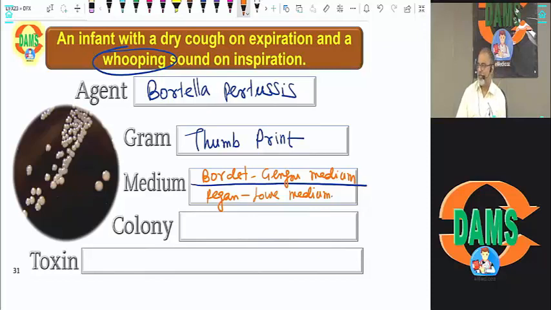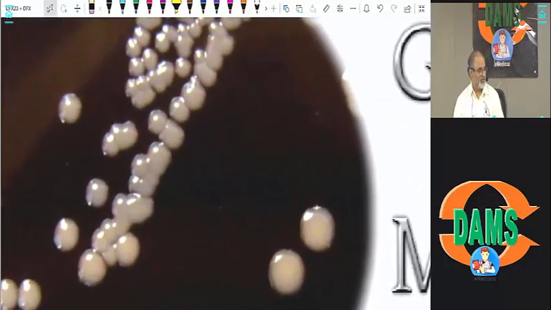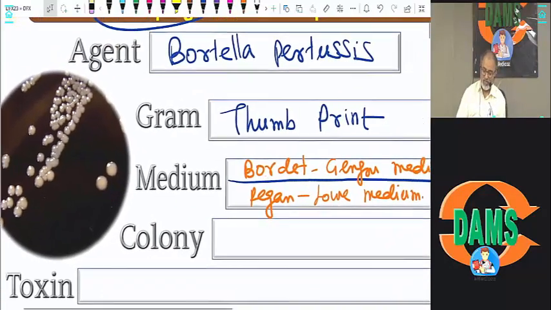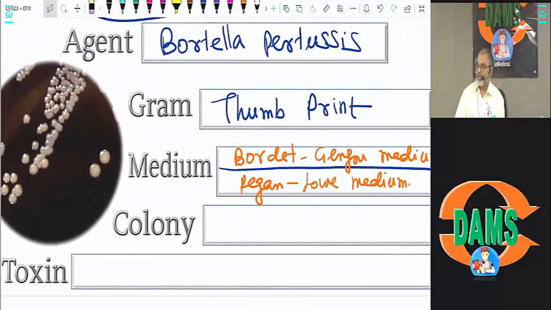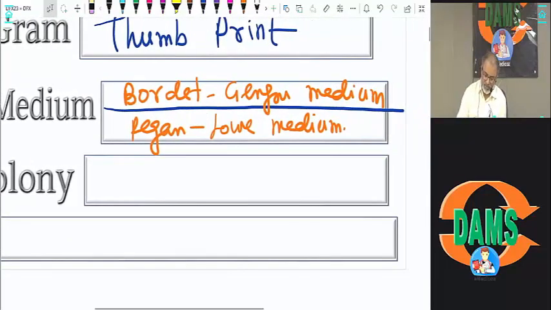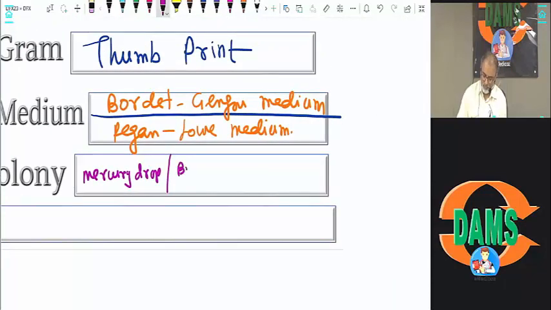What is the colony morphology? See the colony, how it looks like. You people can tell. It looks like mercury drop, aluminium paint or bisected pearl appearance. All are important, my dears. There are three types, all are the same.